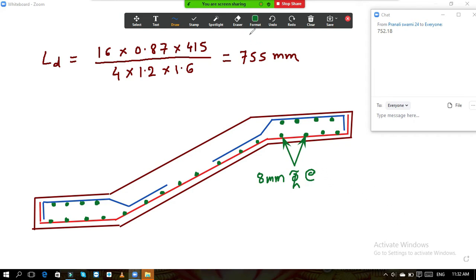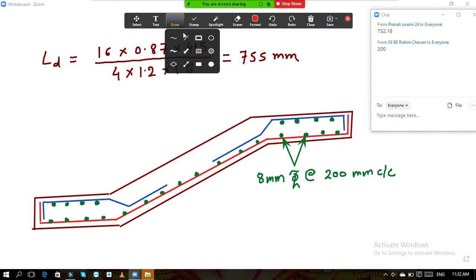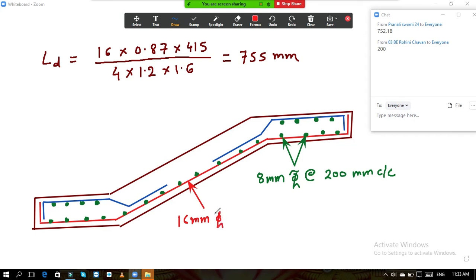You tell me the spacing. 200. Okay, so 200 mm center to center. Next is this main steel. So this is our main steel bar, and this is 16 mm diameter. What is the spacing of main steel? 125. Okay, 125 mm center to center.